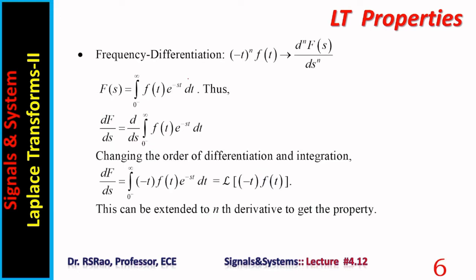We move on to another property known as the frequency differentiation property. According to this property, the Laplace transform of minus t power n f of t is the nth derivative of f of s. To get this relation, we use the defining relation of the Laplace transform.